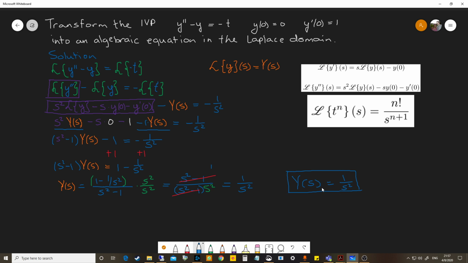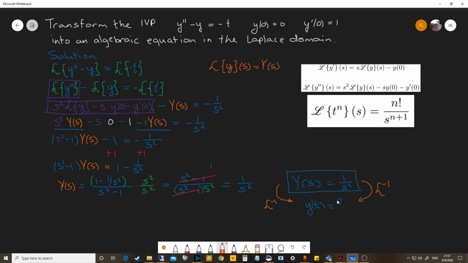And so in the next section, we'll see how we can apply an inverse Laplace transform to see what this means for y of t. We're going to apply an inverse Laplace operator and get back to the t domain. And then we also want to find the inverse Laplace transform of this guy.